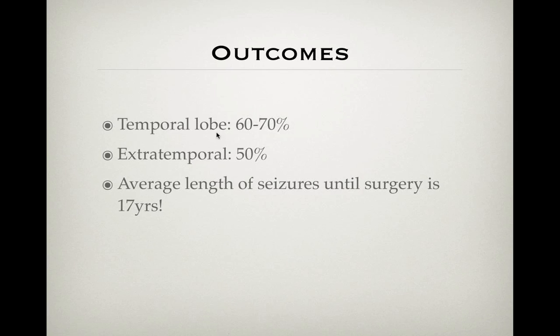And these are temporal lobe surgeries. We also have extratemporal, so in the frontal, the front part of the brain, or the back part of the brain. Once you get out of that temporal lobe, the success isn't quite as high, but still, 1 out of every 2 patients can possibly be off all medications and never have another seizure the rest of their life, which is pretty amazing.